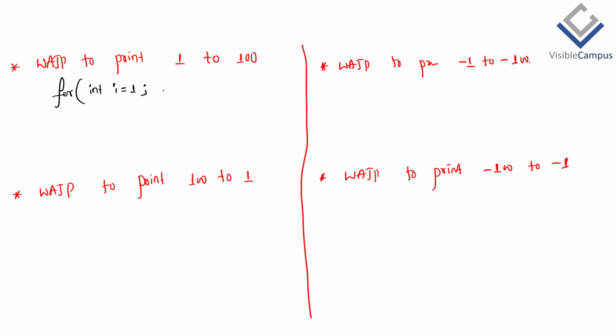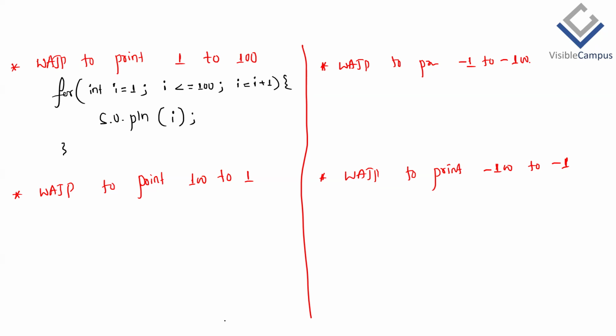Then semicolon, the condition: i should be less than or equal to 100. And is it incrementation or decrementation? Incrementation, by 1: i equals i plus 1. Then inside this, what's the code? System.out.println, print the i value. This is the first one.